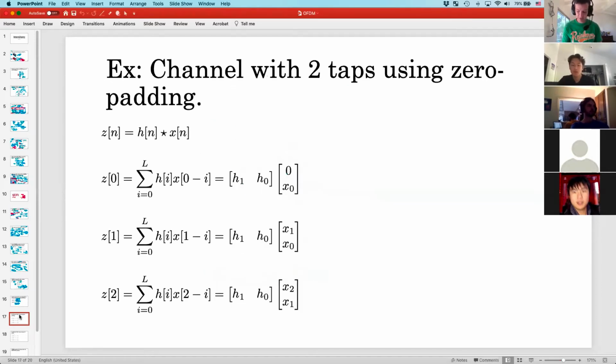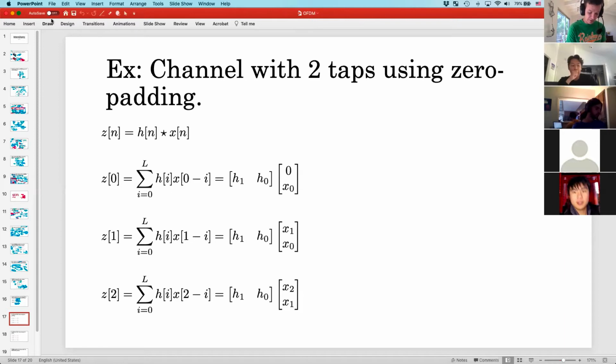Okay, so let's see how this would work using the 0 padding. We're actually not going to treat the noise. The noise is going to be what it's going to be, and the noise doesn't care if we're waiting or not. So I'm just looking at the signal, and we're letting the noise fall by the wayside.